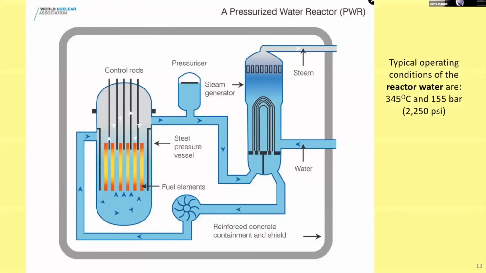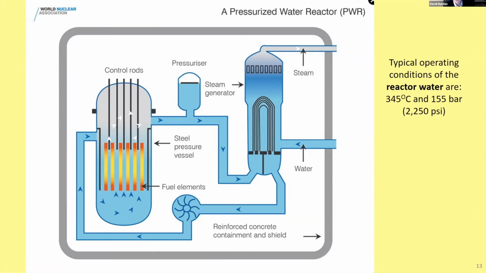This is obviously a drawing of the scheme of it. On the left, you've got the fuel elements. This is the nuclear reactor itself with all the fuel elements there. And the water that cools it down is in 2 circuits. There's a primary circuit, which are these arrows here, which is running at high pressure and high temperature.